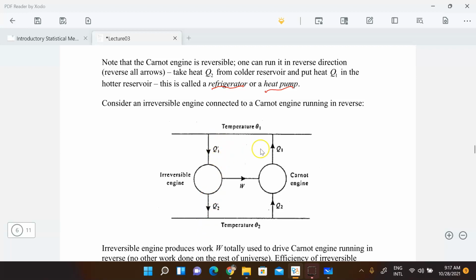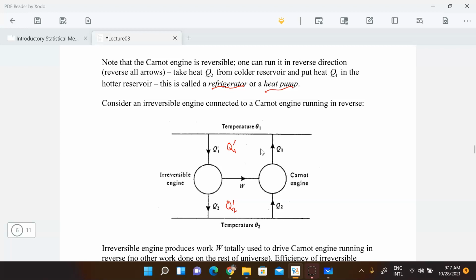This takes the heat from the reservoir and converts it to work, probably some mechanical work energy, and then releases heat back to another reservoir at a lower temperature theta2 with the quantity Q2 dash.